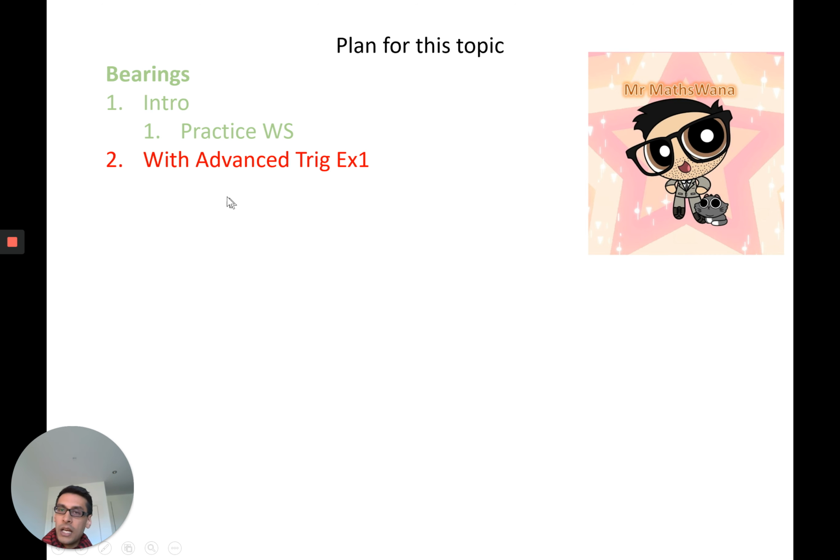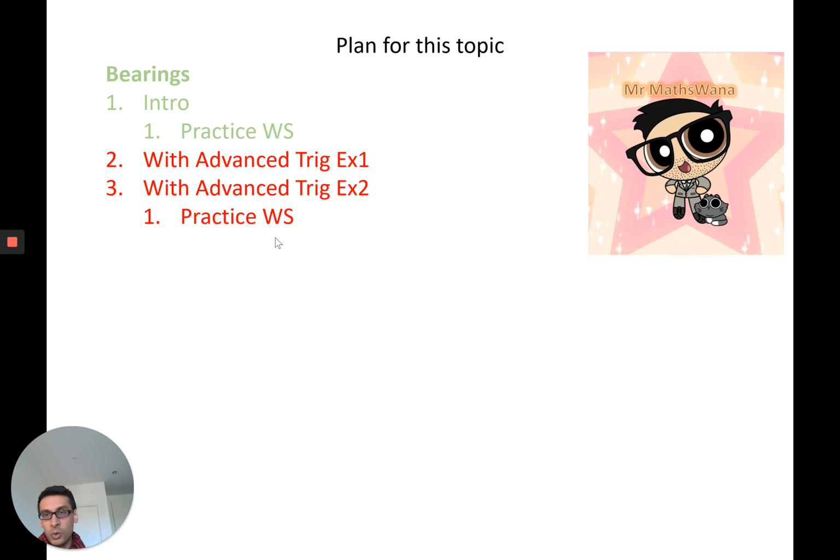We're going to look at advanced trigonometry as it mixes with bearings. In this video you're going to have 2 examples, and then I'm going to do the next 4 examples in another video. These questions are normally up to 5 or 6 marks, which means they take longer to do. Once you have got the hang of them, they're really straightforward.